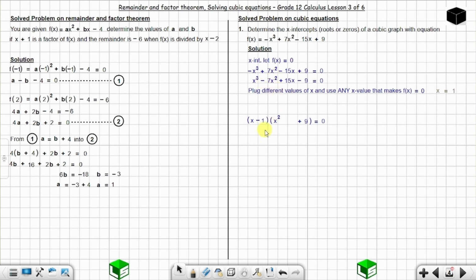I already have -x squared when I multiply this, so I'm going to use this term. After using this, I'm going to get -6x squared, because when I add the two, -x squared minus 6x squared, this is equal to -7x squared.